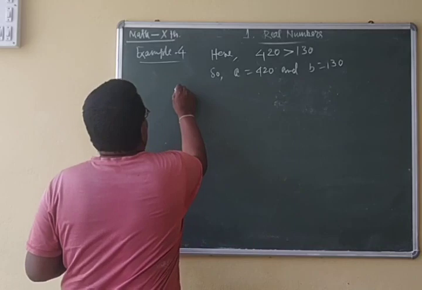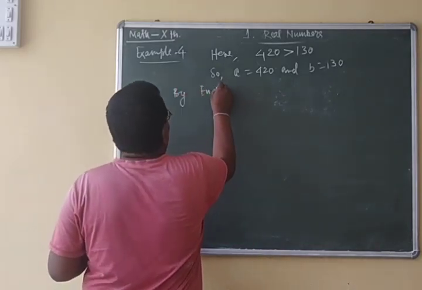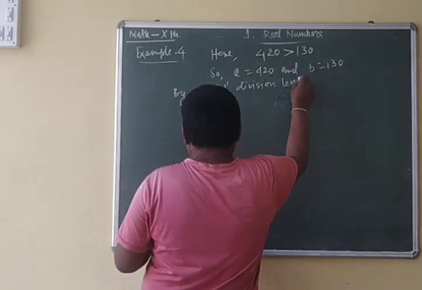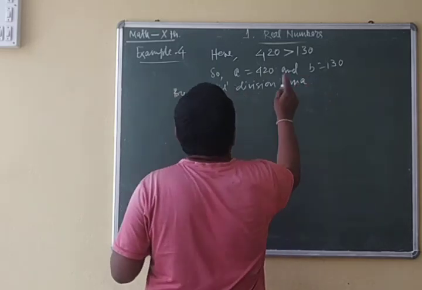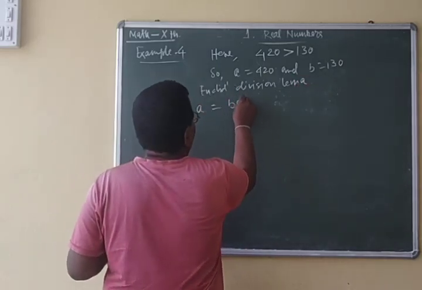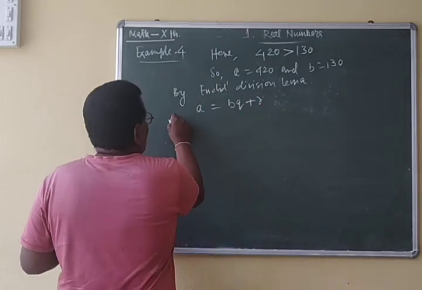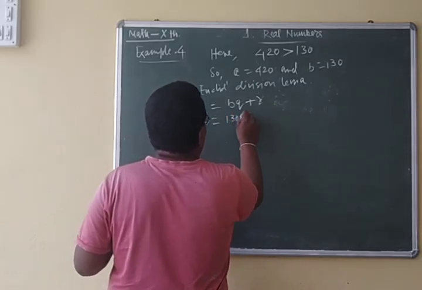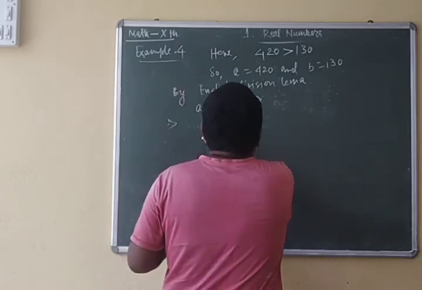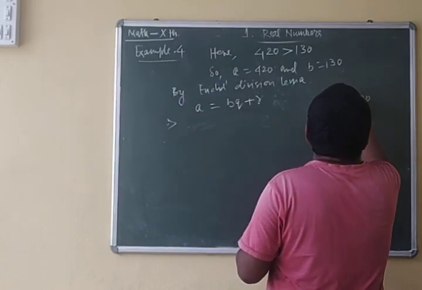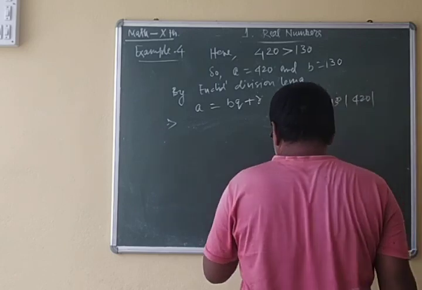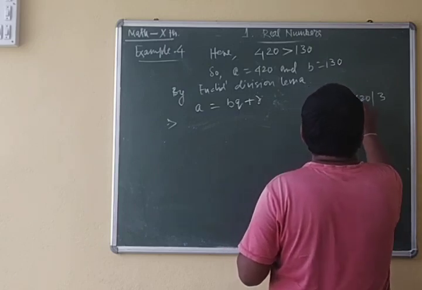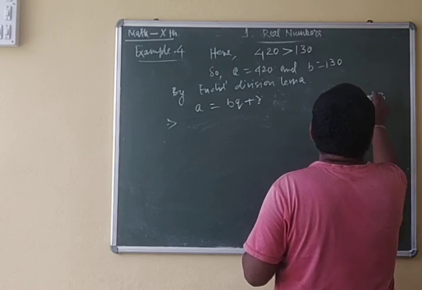By using Euclid's division lemma, we know that A is equal to BQ plus R. On dividing 420 by 130, we get 3 as a quotient.